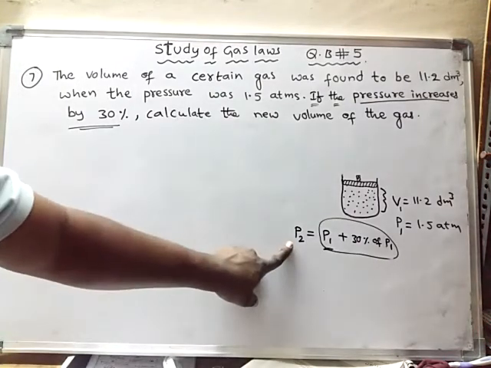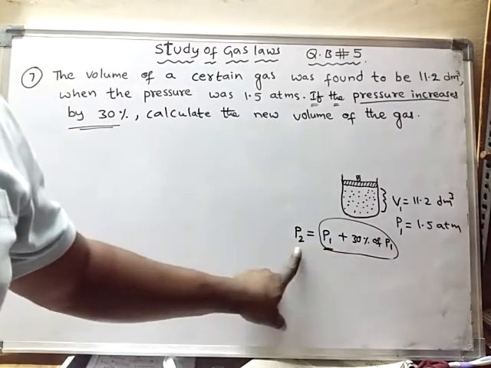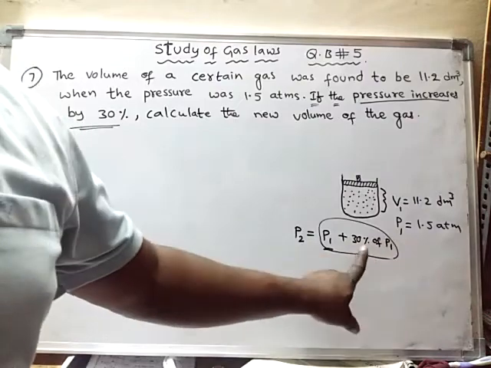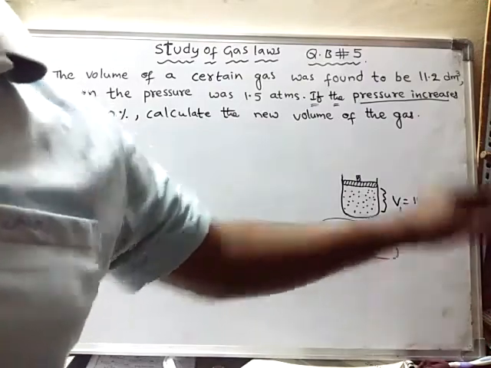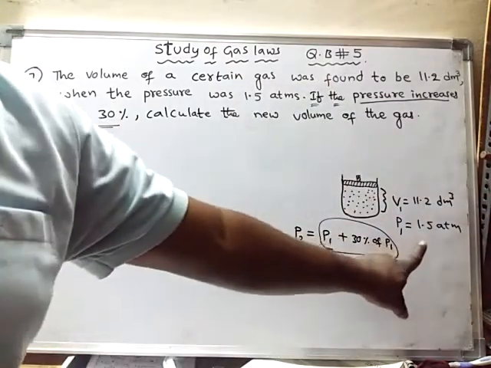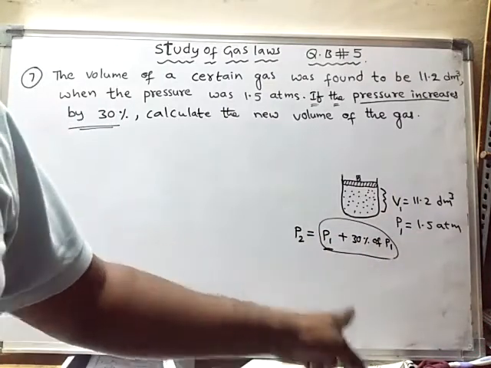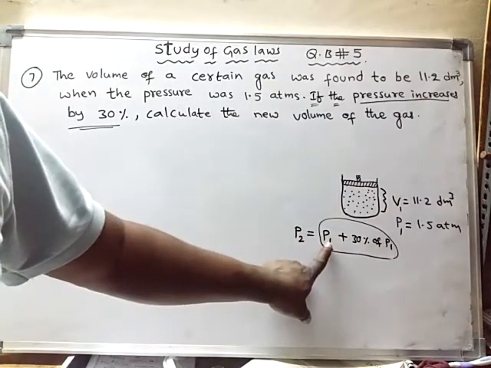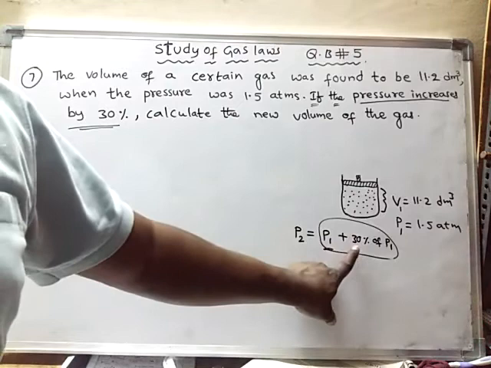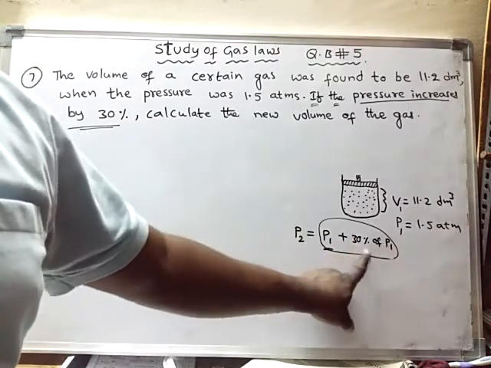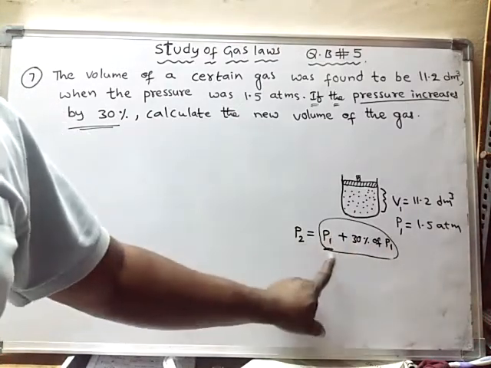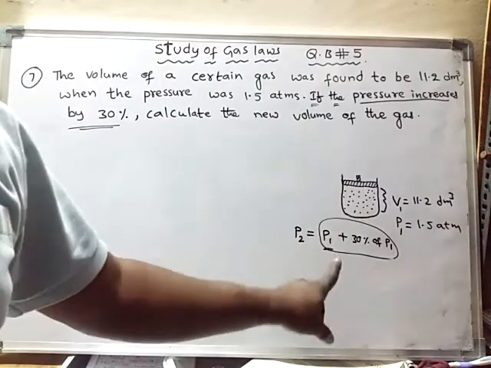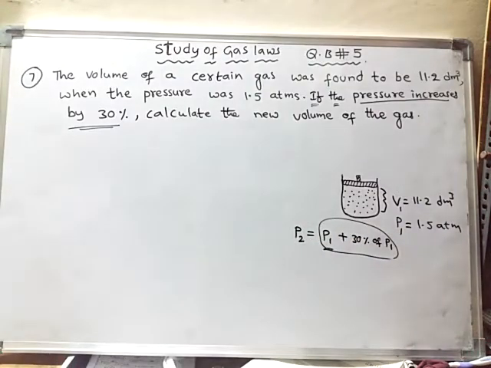So the final pressure is 30% more than the initial pressure. To represent that, take the initial pressure as P1 and add 30% of P1 to it; that whole thing is equal to the final pressure.